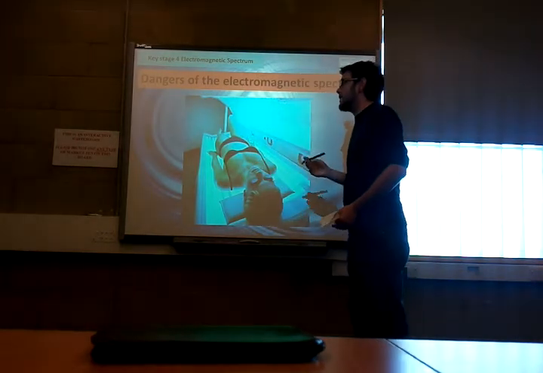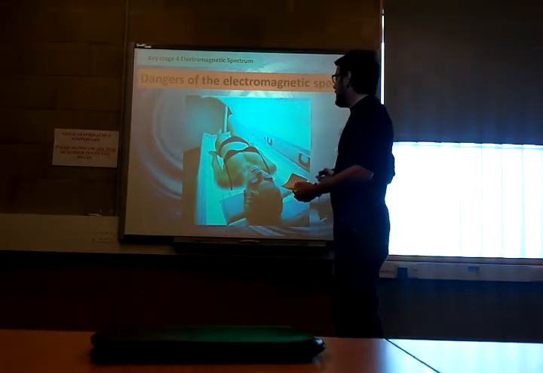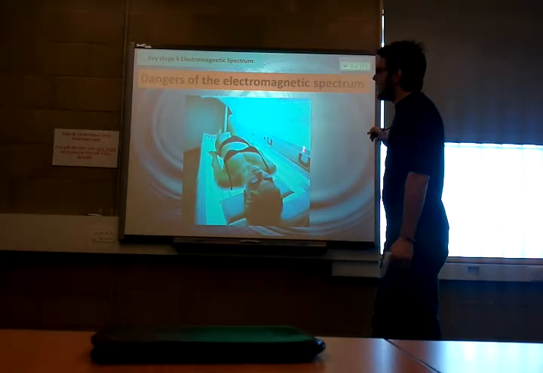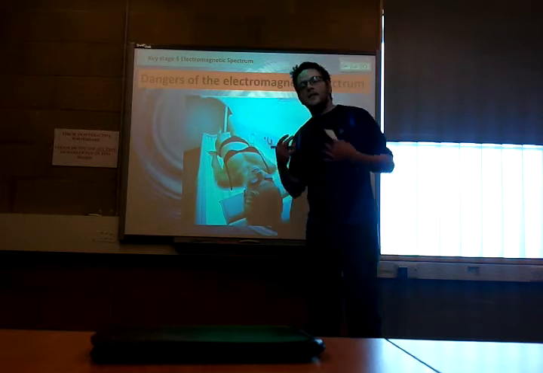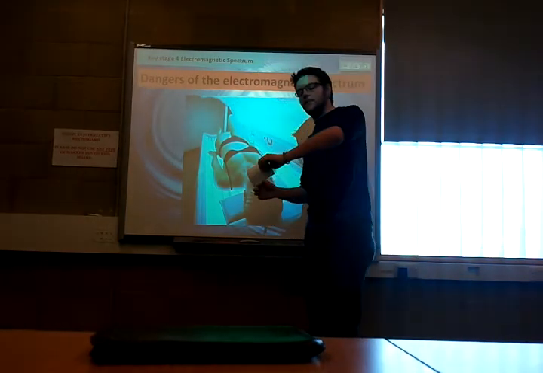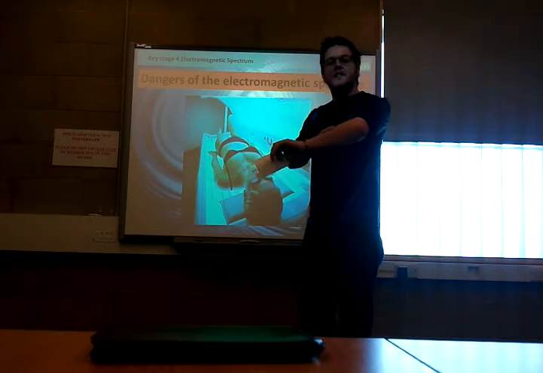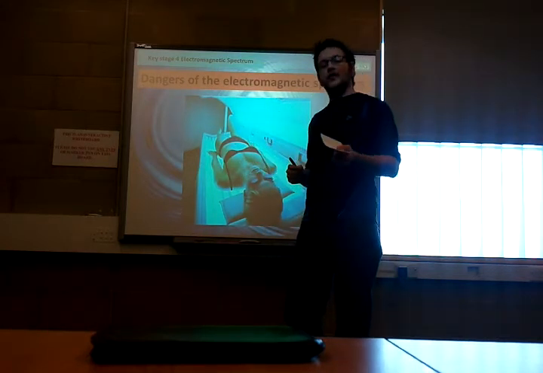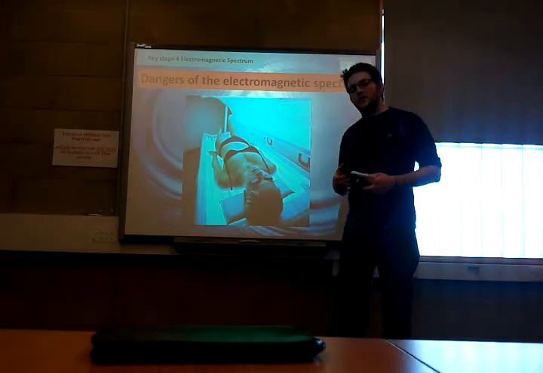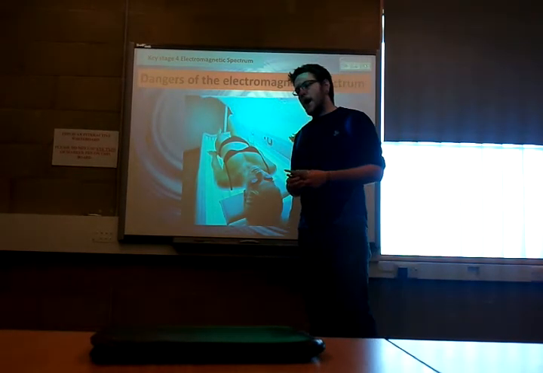And then this leads on to my final point. The final point of the electromagnetic spectrum I want to look at is UV. So obviously we've got a young lady here in a sunbed. She's trying to soak up those rays. Now you would think that the suntan is from your skin getting cooked or heated up from the sun. What actually your suntan is, is your body trying to protect itself.